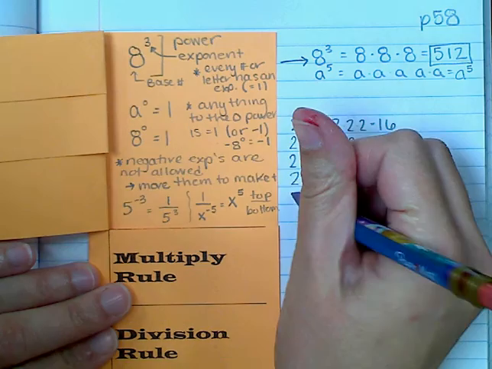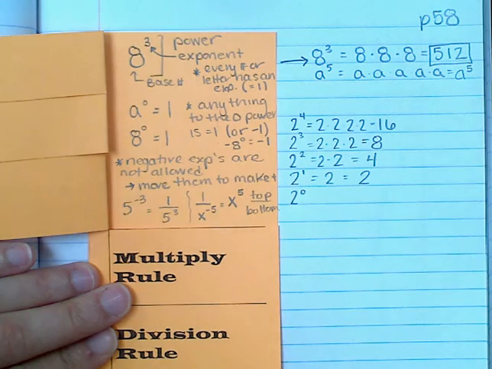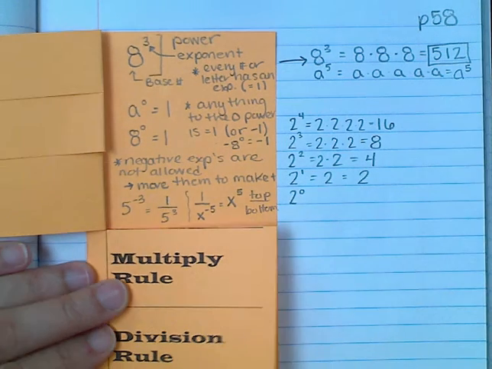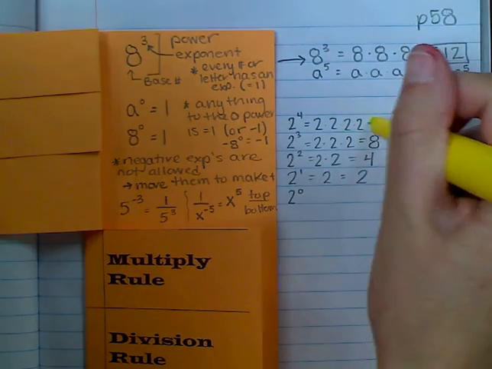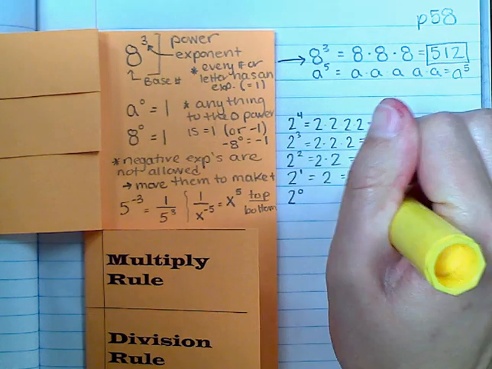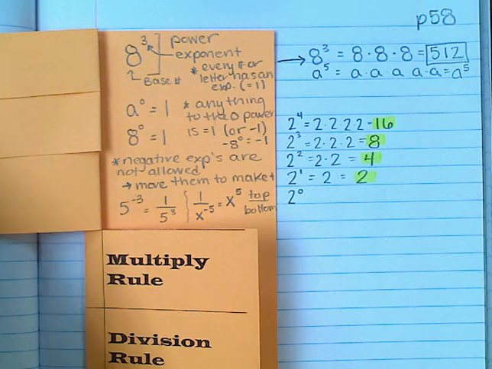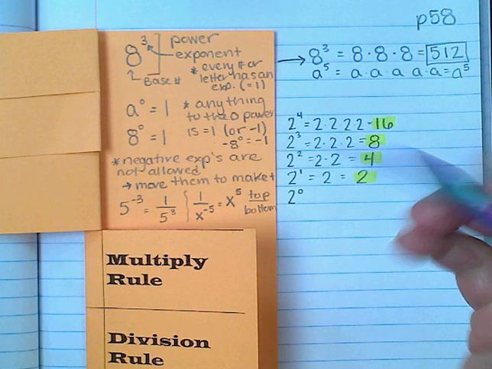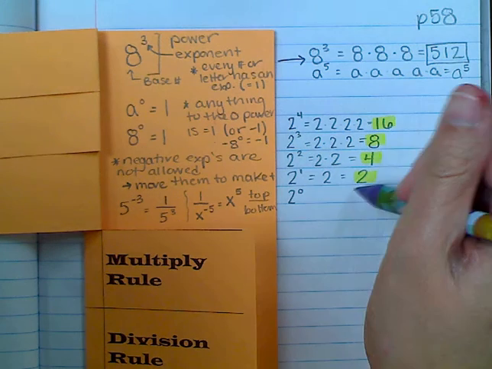And so now I get to 2 to the 0 power, and maybe we're not quite sure, except we know the rule now, but why does that happen? So if we take a look at the answers that we're getting here, 16, then 8, then 4, then 2, there's kind of a pattern going on there. Each time we are going down by half.